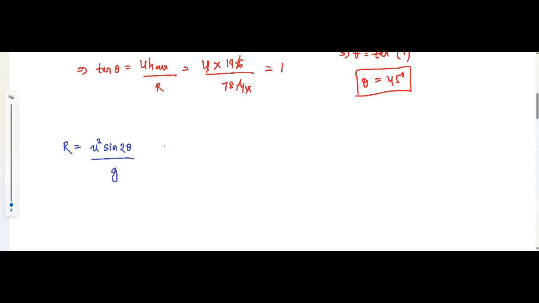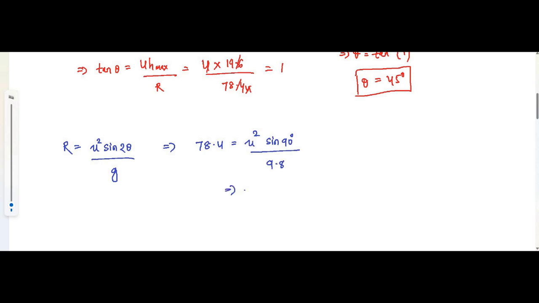That implies 78.4 is equal to u square sine 2 into 45 degrees, that is 90 degrees, sine 90 degrees by 9.8.